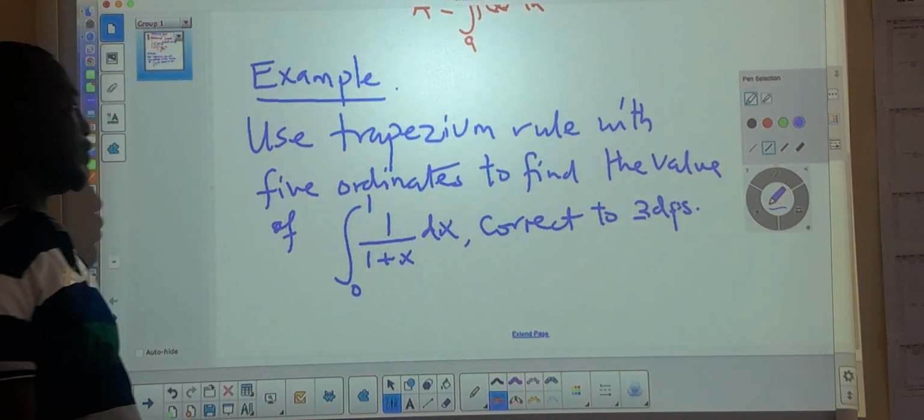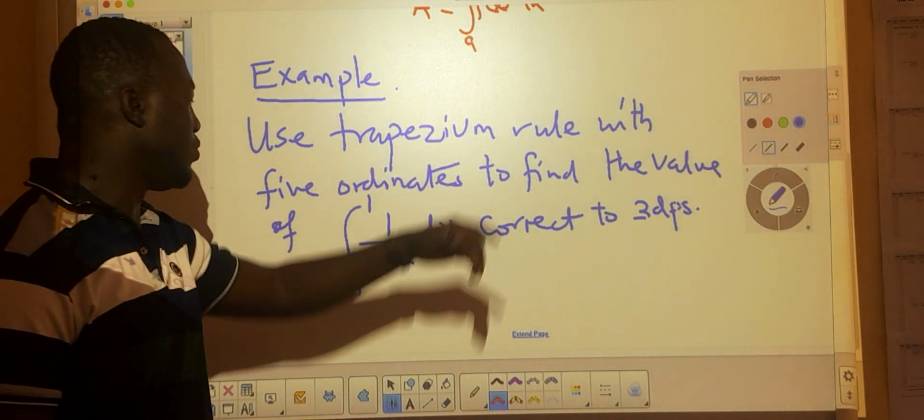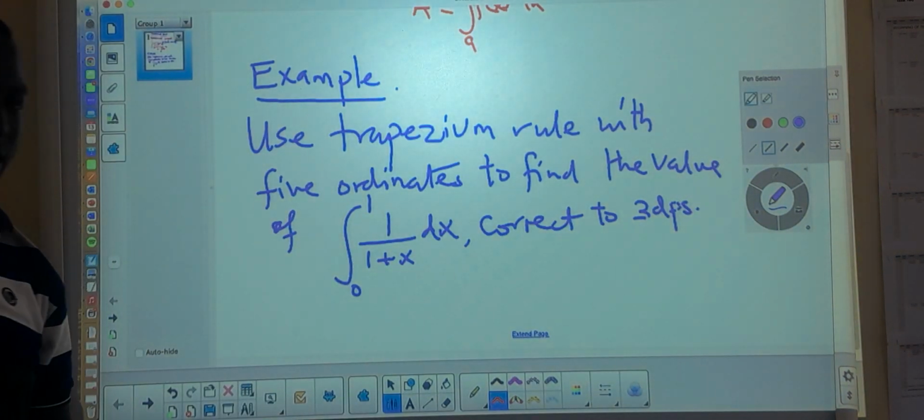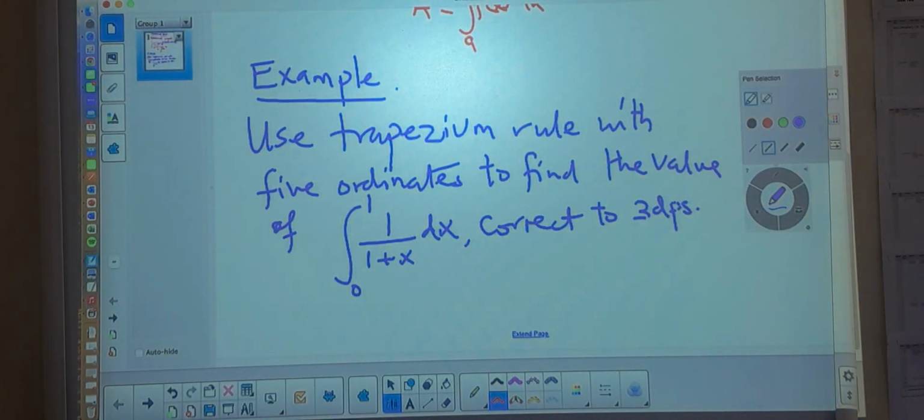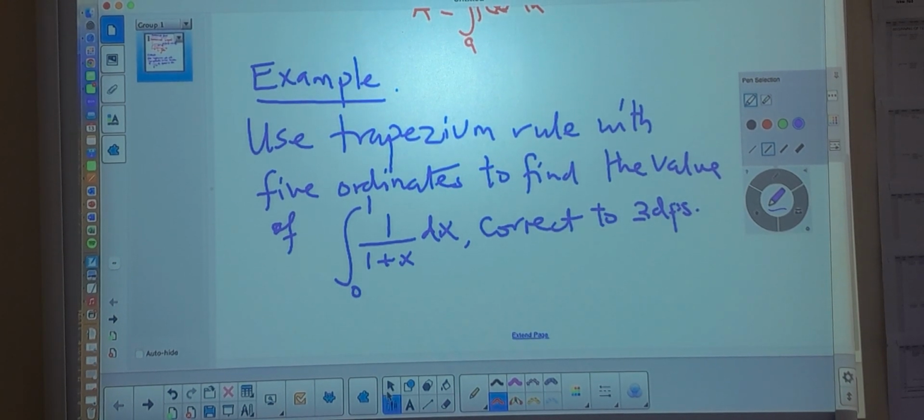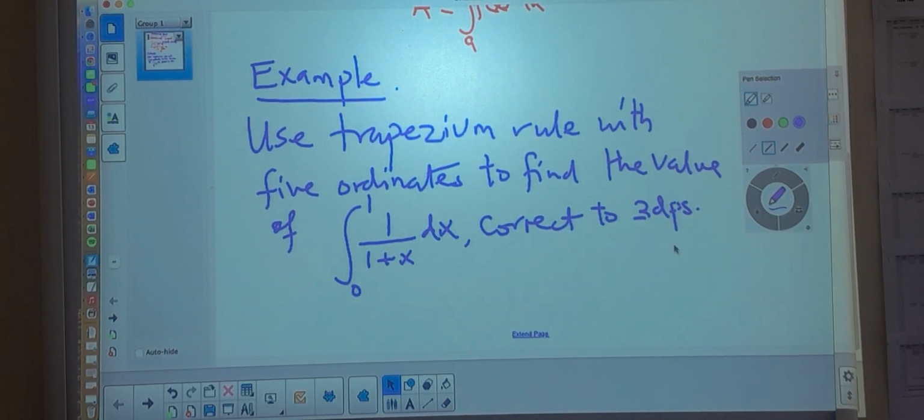So we have the expression, and we are supposed to use the trapezium rule with 5 ordinates in order to find the value of the integral from 0 up to 1 of 1 over 1 plus x with respect to x. And the degree of accuracy is already given. We need to correct our answer to 3 decimal places.